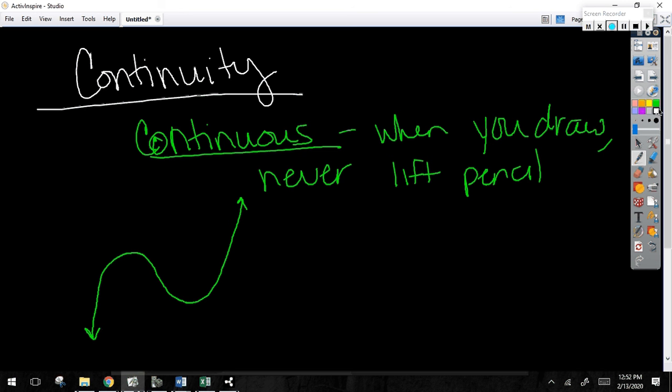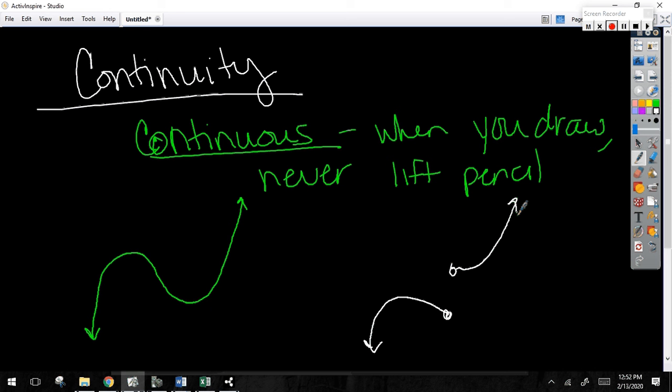However, if I did something like that, that is not a continuous function. I can't draw it. It's not all smooth and connected. All right.